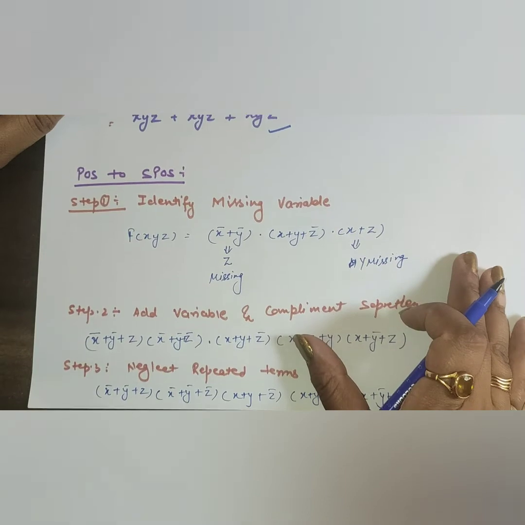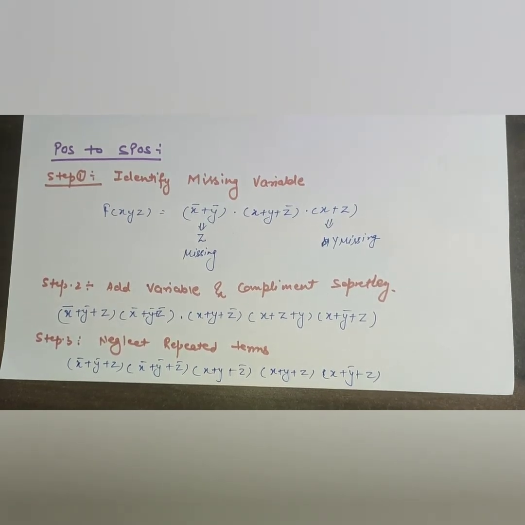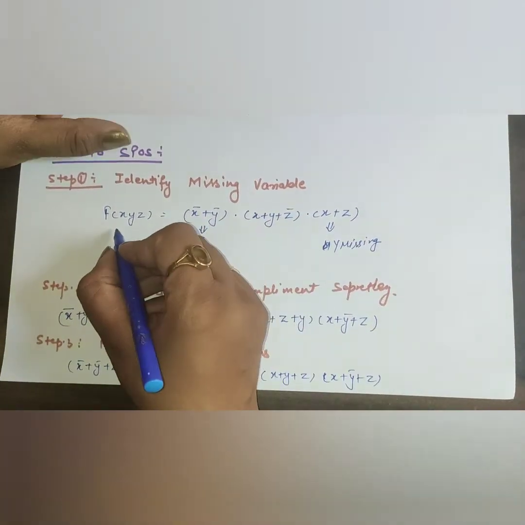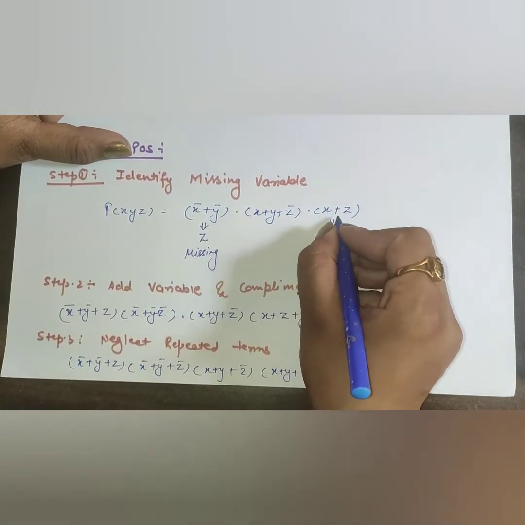Now POS to standard POS. How can we change the POS to standard POS? There are some steps for conversion. First step, identify the missing variable. Let's suppose three variables are there: x plus y bar, and x plus z.